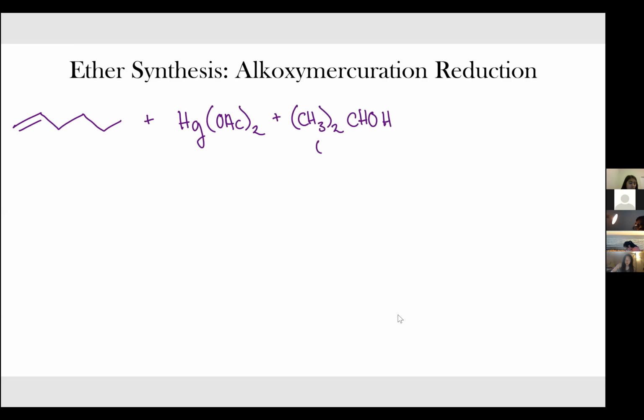The way this reaction is going to work is that it's going to follow pretty much the exact reaction mechanism as our oxymercuration reductions. But instead, we're going to be adding in an alcohol instead of water. So right here, we're going to get this.